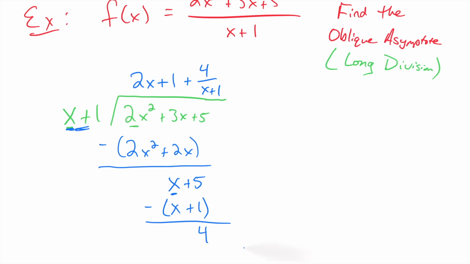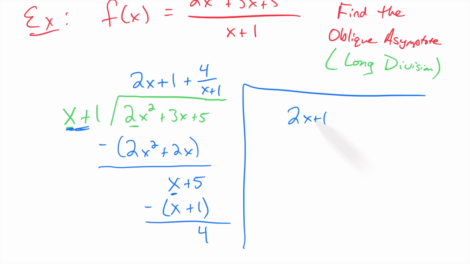Let's rewrite that. So we have so far an answer of 2x plus 1 plus 4 over x plus 1. But remember, for asymptotes, we're looking at what happens when x goes to positive infinity and when x goes to negative infinity.